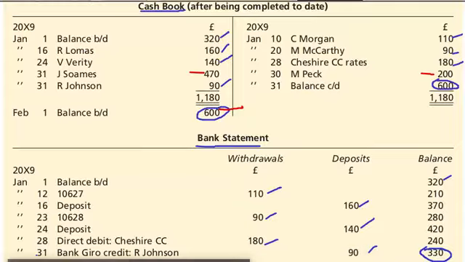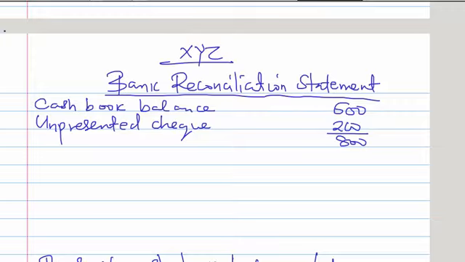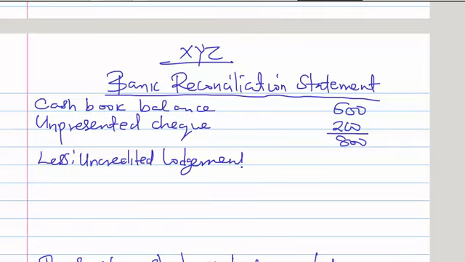And so we'll go back and say less uncredited lodgements of 470. When we subtract that, this will be 0.